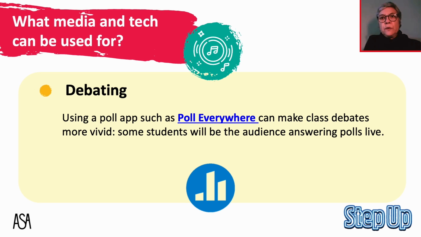So we will show you how to use some apps in the duration of this webinar, but some suggestions, for instance, to make debating more lively, you could use a poll such as Poll Everywhere, in which some students could be the audience answering polls and questions about the debate they were watching live. And this would bring an interactivity and a sort of real world simulation that, I'm sure, students would appreciate very much.